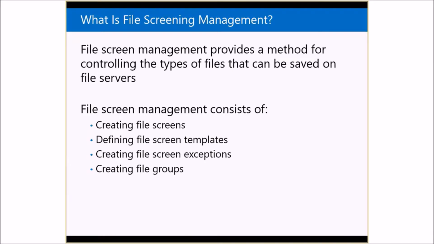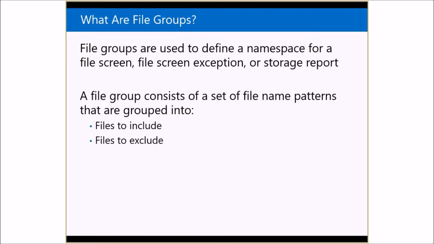So file screening management consists of creating the file screen, like I showed you, defining file screen templates, creating file screen exceptions if you want to, and defining or creating the file groups, like I did with the virtual machines file group. So what are file groups? File groups are used to define a namespace for a file screen, file screen exception, or a storage report.